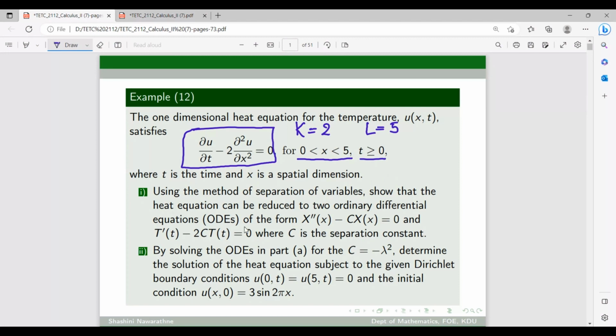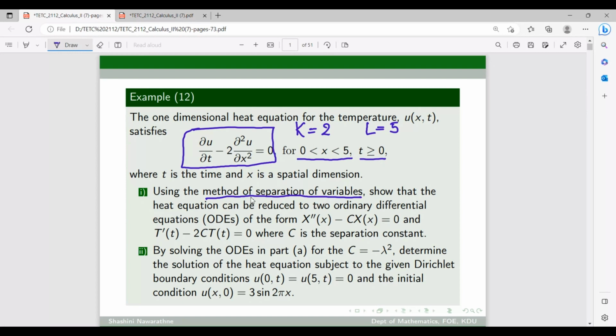Okay, so the first part, A, is given as: using the method of separation of variables. This is something new we are supposed to discuss in the next part. We are using this special technique called the method of separation of variables to solve this heat equation.